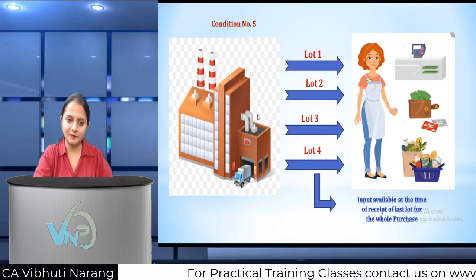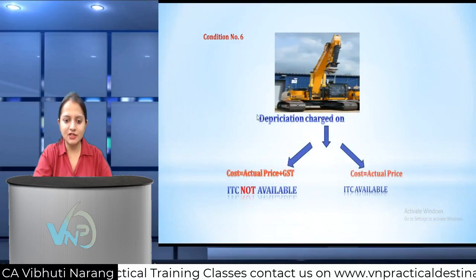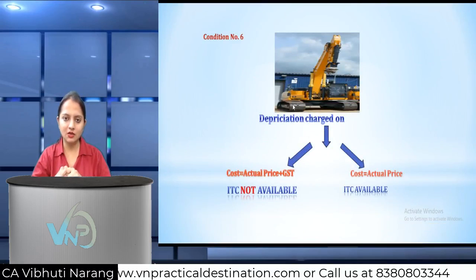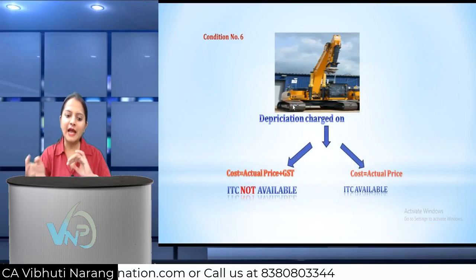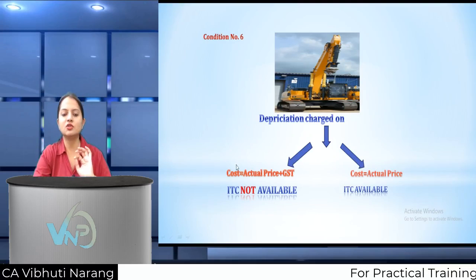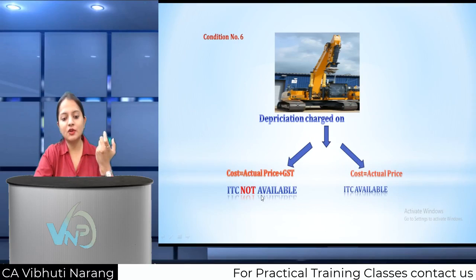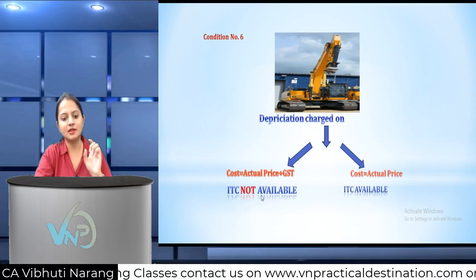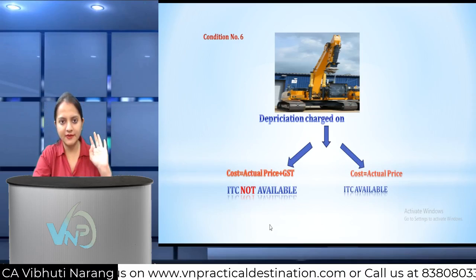The sixth condition is that the depreciation, whenever we are booking a capital goods in our books of accounts and we are charging the cost price of the capital good as actual price plus GST, then your input tax credit is not available. Means if you are including the GST component in the cost price, your ITC will not be available.